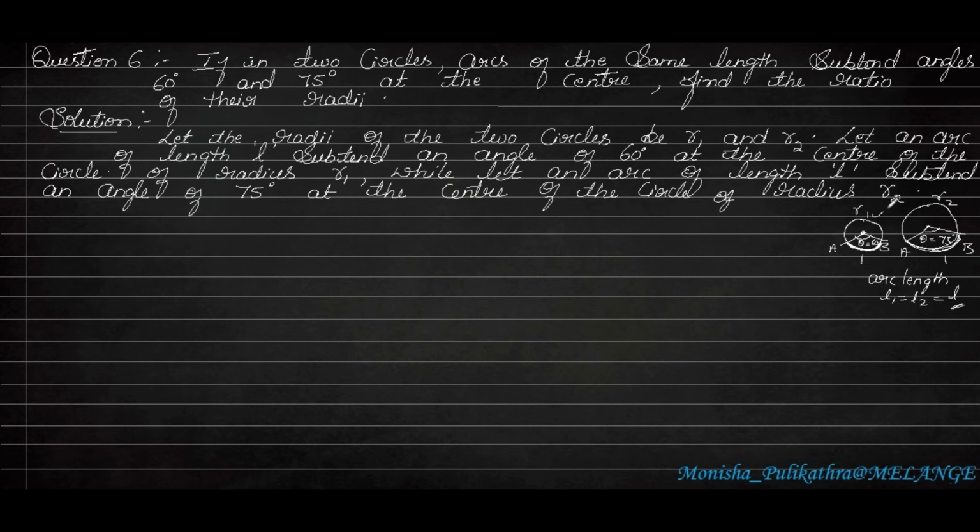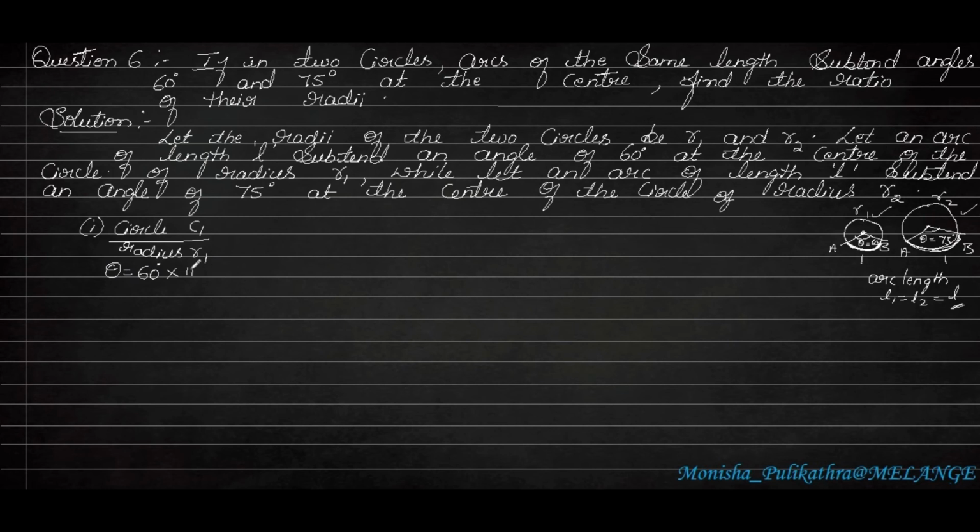We need to find the ratio of the radius of the first circle to the radius of the second circle. Let us consider the first circle as circle C1. In circle C1, the radius is R1 and theta is 60 degrees.